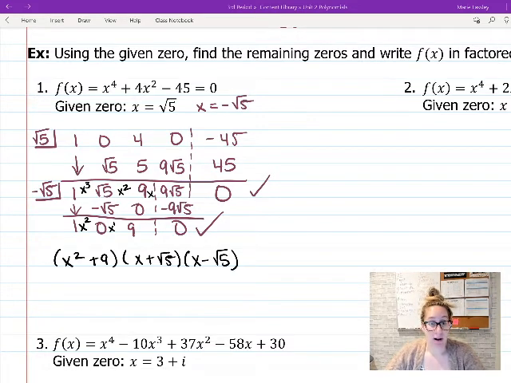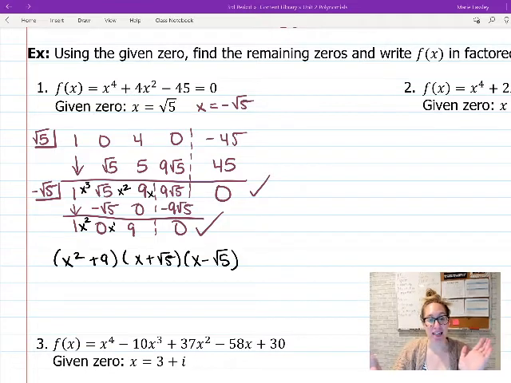Now, when I look at this, something doesn't look right. When you factor, do you get square roots in your factors? No, you don't. So we do need to multiply these two parentheses together to get rid of the square roots.